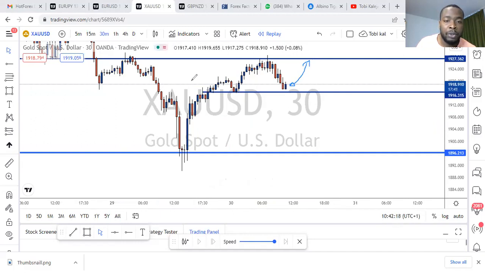Number one, you can put your stop loss here. You can put your stop loss beneath these candles, which are the previous support and resistance level. You can put your stop loss right beneath it.